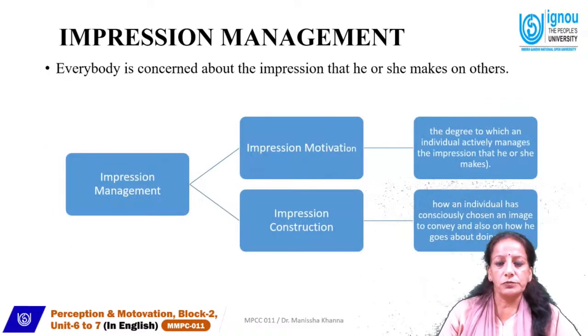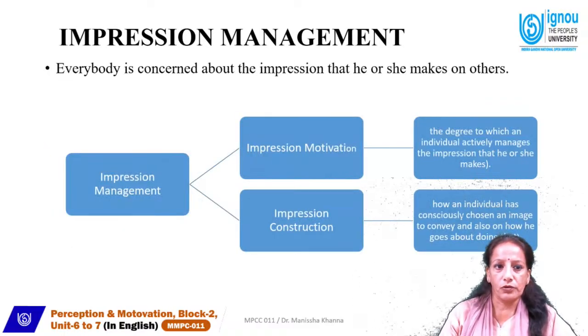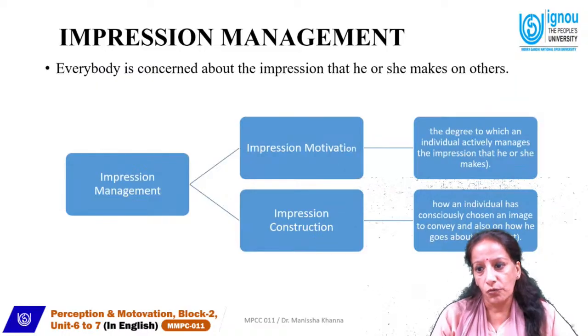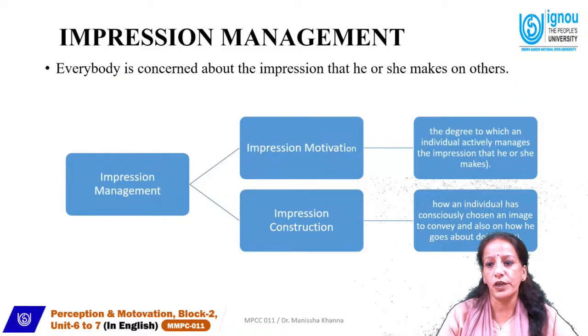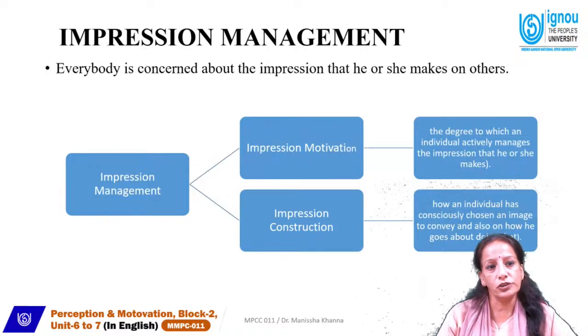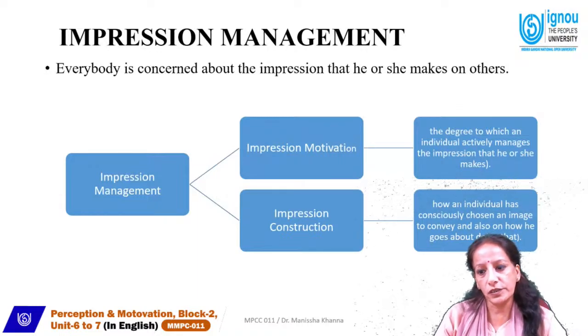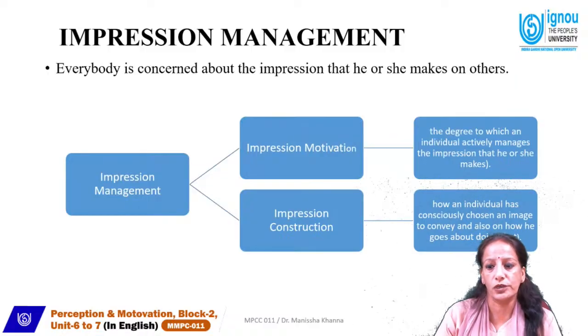Impression management is all about impression motivation and impression construction. Motivation is the degree to which an individual actively manages the impression that he or she makes. Whereas impression construction is how an individual has consciously chosen an image to convey, and also how he goes about doing that.